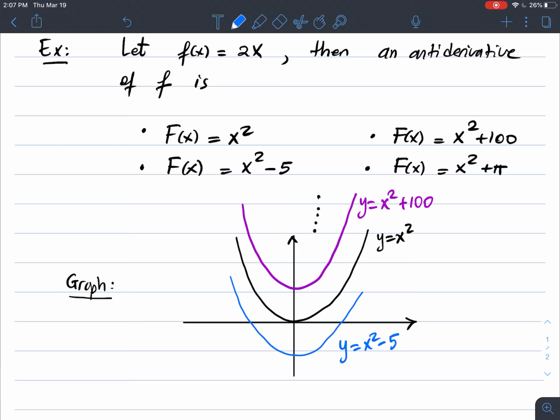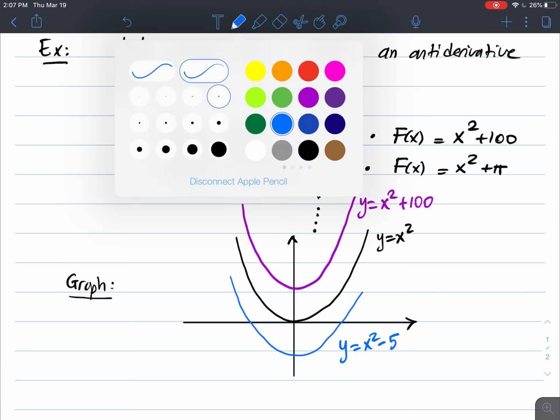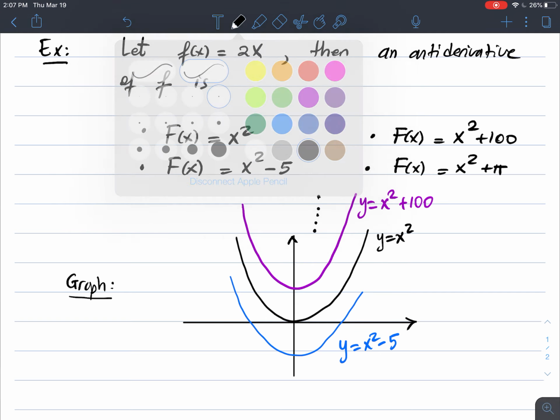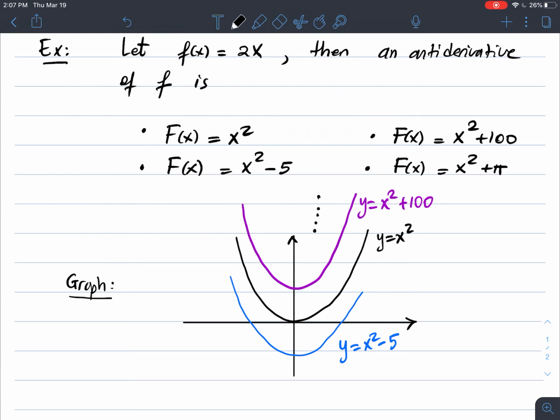And so on. So basically these never touch each other. This is a well-known fact, but we won't go over this in this class. So these are all antiderivatives, and these don't touch each other. Oops. Sorry about that.